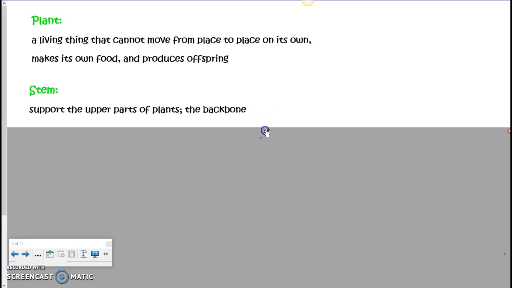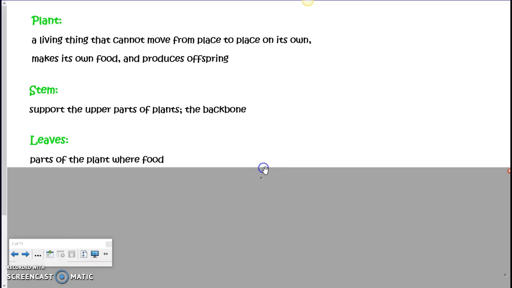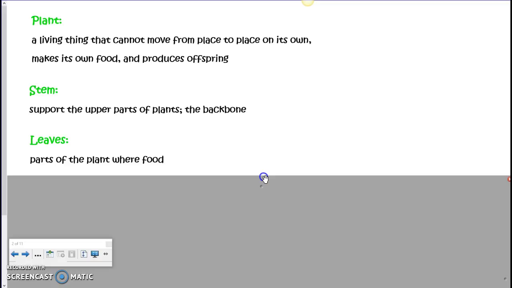Let's see what our next term is. Leaves. Can anybody tell me what a leaf is? Yes. James? Okay, it's the part that's connected to the stem. Okay. Let's see what a leaf is. It's the part of the plant where food is made.